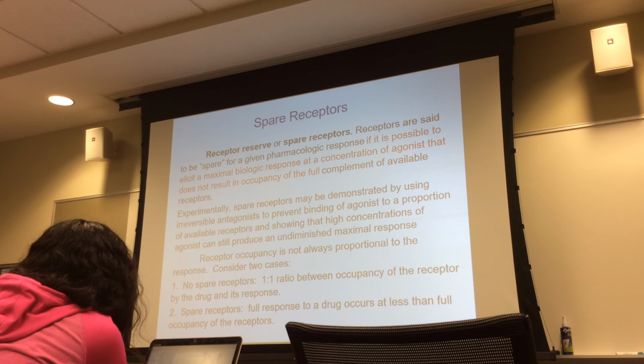What does that mean? If there is nothing spare, and I have 10 receptors to produce the action, if I only combine 9 of these receptors, I get 90% of the action, correct? If I combine only half of them, I get half the action, because I need to stimulate all 10 receptors to get maximal effect if there are no spare receptors.